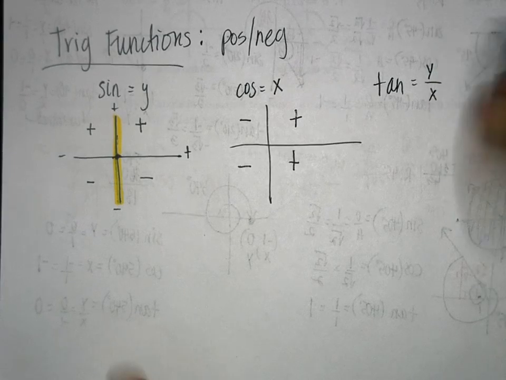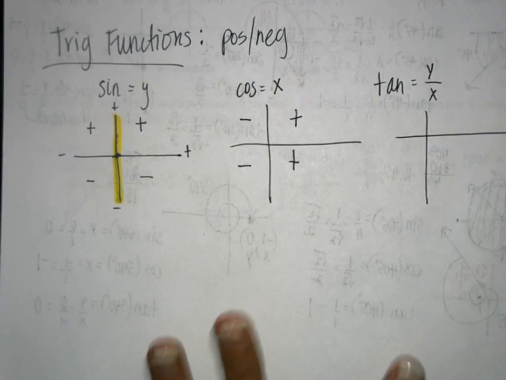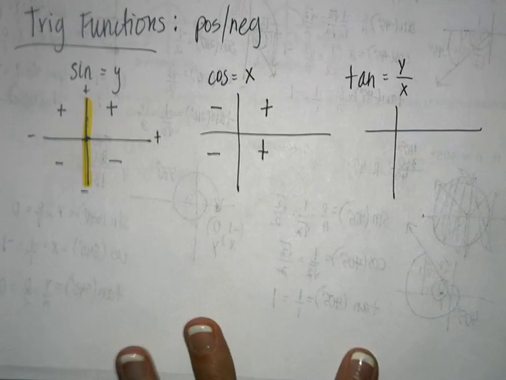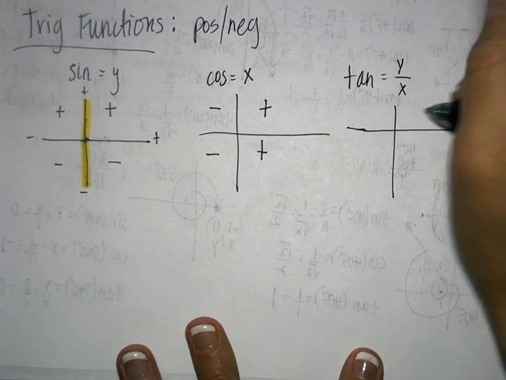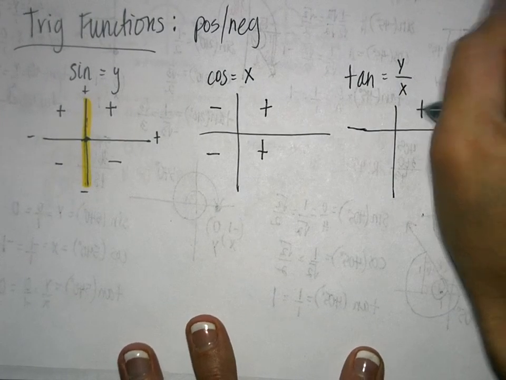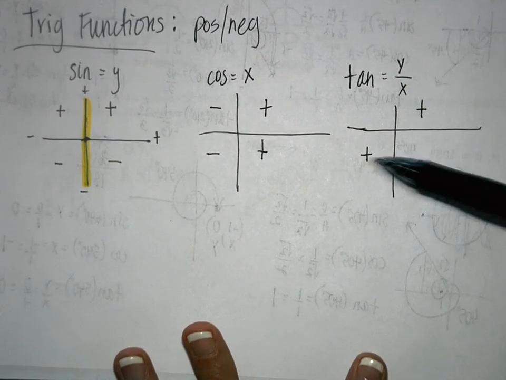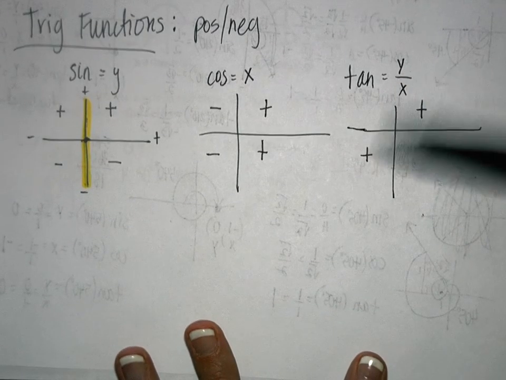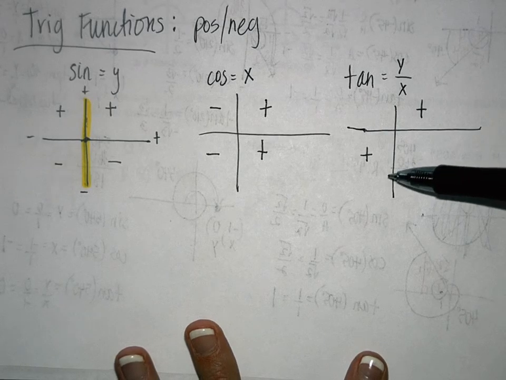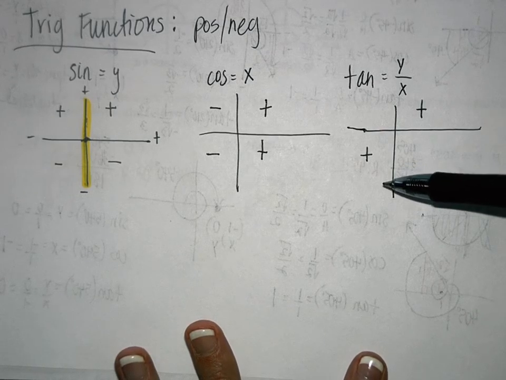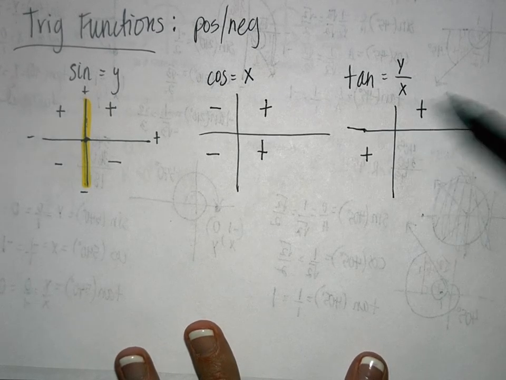Where is the only place that we haven't had a positive yet? Quadrant 3, right? This is positive and this is positive. The reason this is positive is that here you're going to get a negative over a negative. Does that make sense? Two negatives make a positive. And so tangent is positive in both of those quadrants, which means it's going to be negative in each of these.